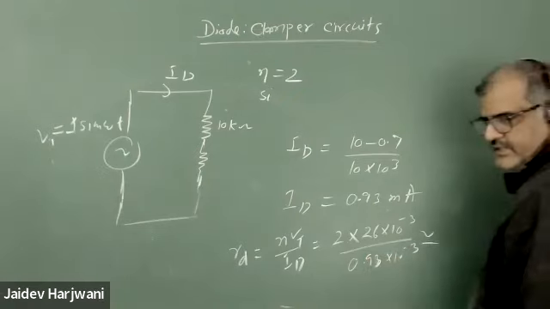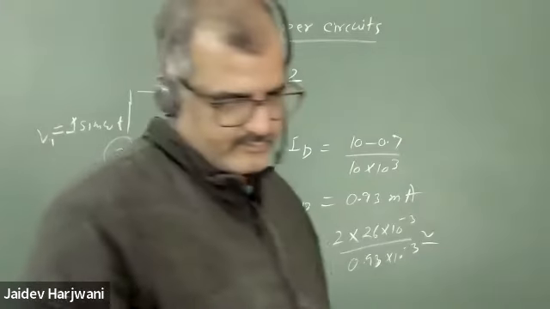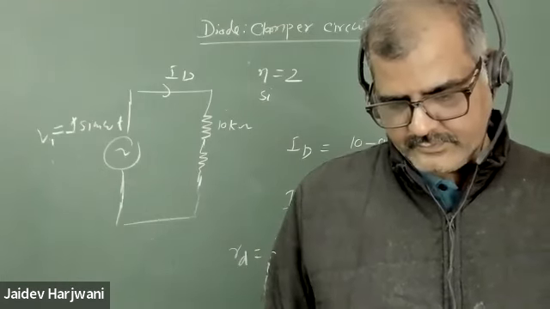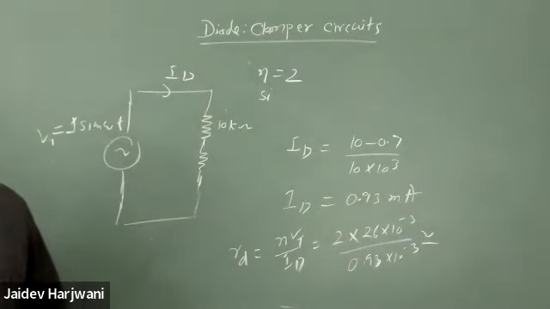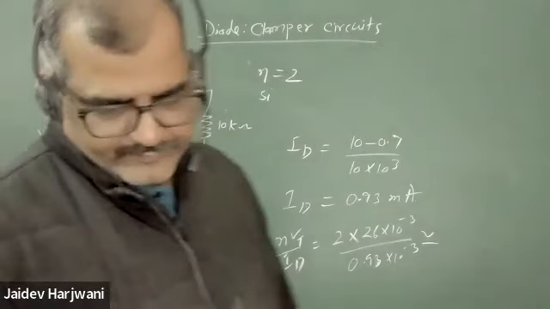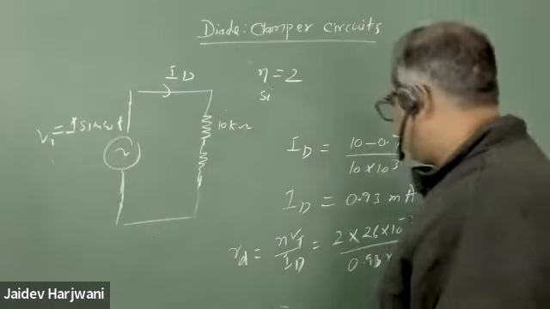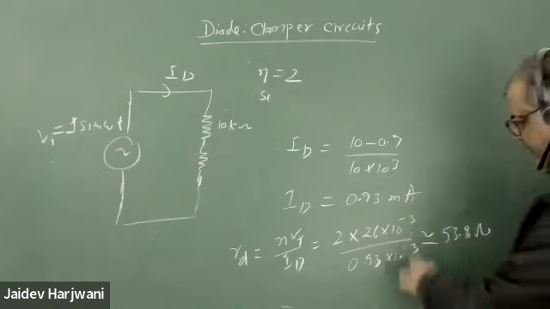Okay, so how much is RD coming? Tell me. It's coming around 53.8 ohm, because this power cancels.